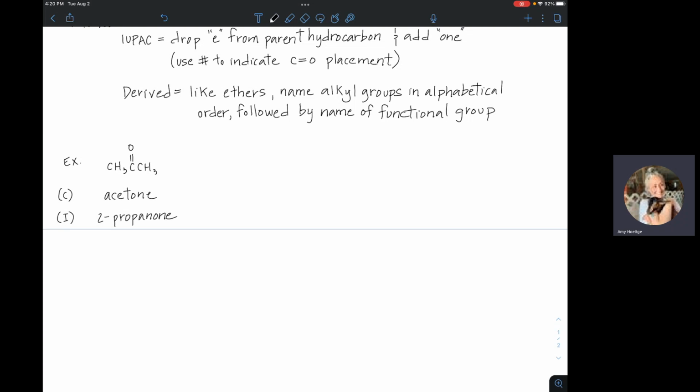So if I had 4 carbons, you'd have to let somebody know which carbon that thing was on, or 5 carbons or whatever. For derived nomenclature, we basically have 2 methyl groups. So that's dimethyl ketone.